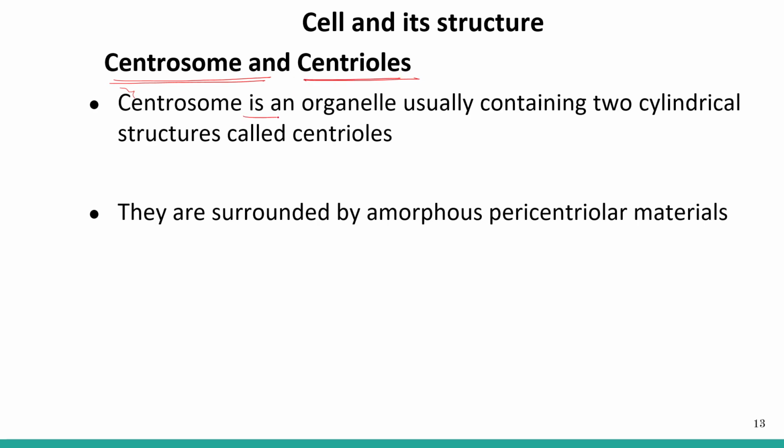So, centrosome is an organelle usually containing 2 cylindrical structures that are called centrioles. If we have seen the inner structure of the flagella, in the same way, they have these two cylindrical structures centrally, present like this.